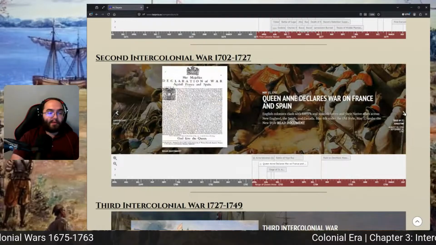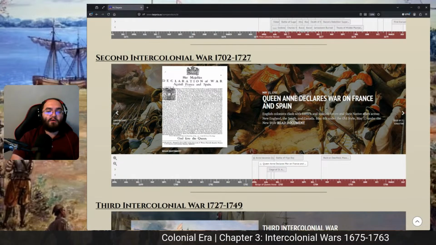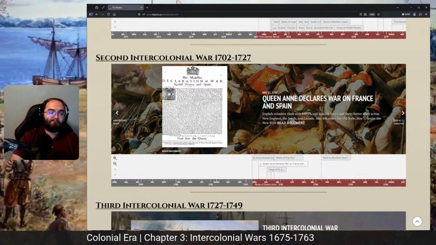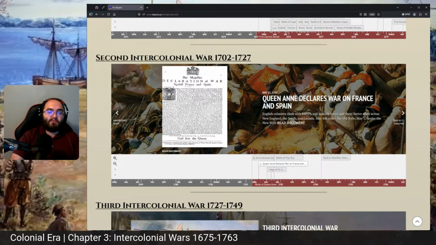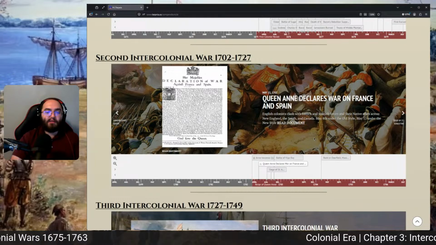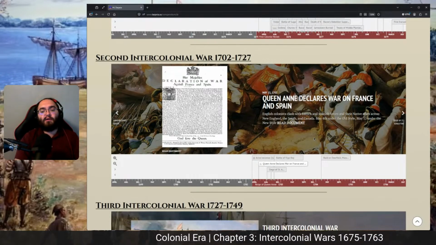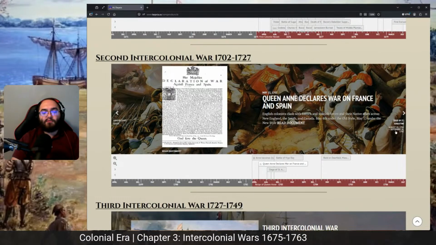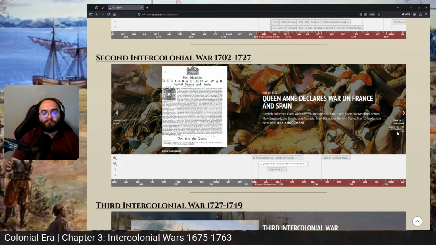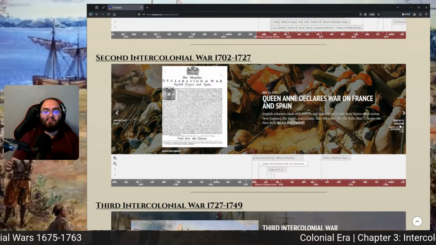And at the very beginning of Queen Anne's reign, she will declare war on France and Spain. And so this is Queen Anne's War, the Second Intercolonial War, and the English colonists clash with French and Spanish forces and their native allies across New England, the South, and Canada. So pretty much all of the British North American colonies.